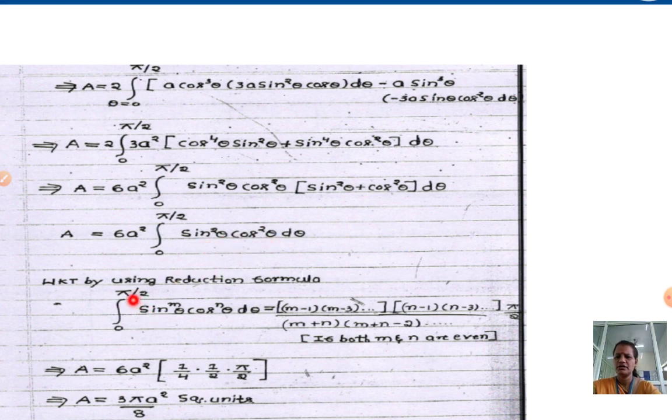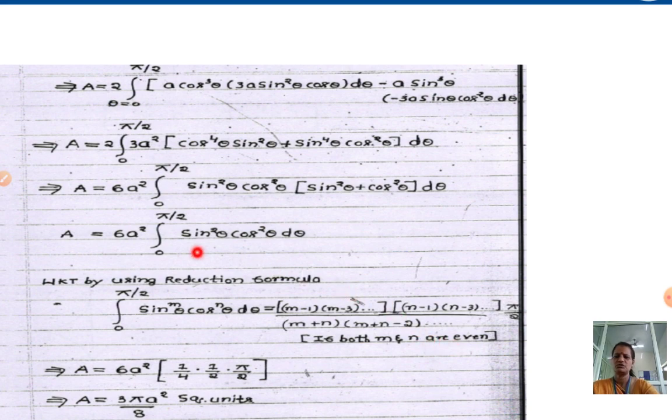We know that by using the reduction formula, the integral from 0 to pi by 2 of sin m theta cos n theta d theta is (m minus 1)(m minus 3) etc. into (n minus 1)(n minus 3) etc. into pi by 2, divided by (m plus n)(m plus n minus 2) etc., if both m and n are even.